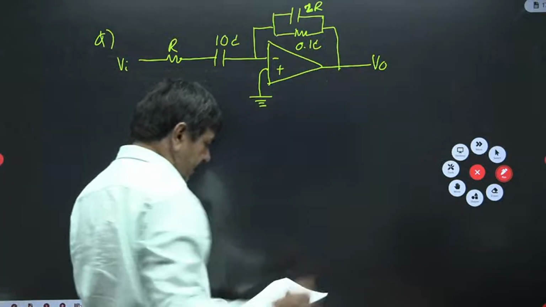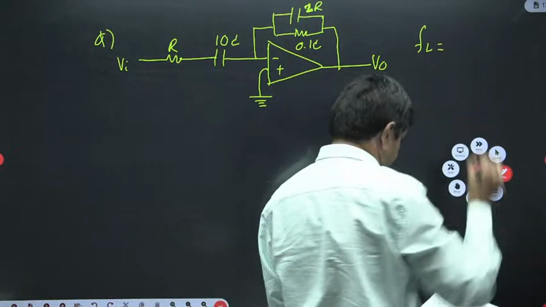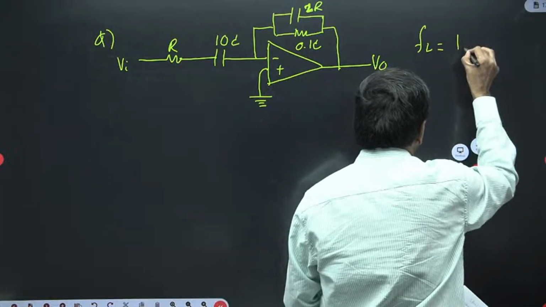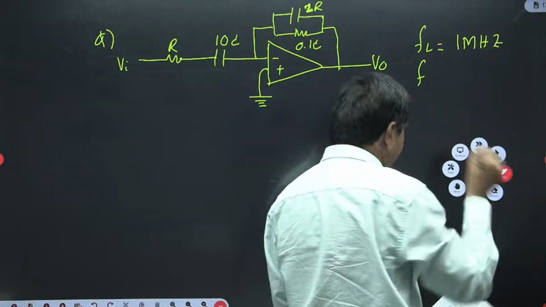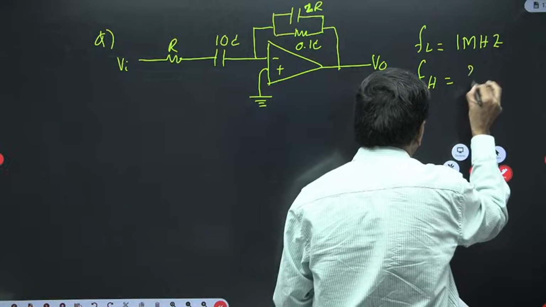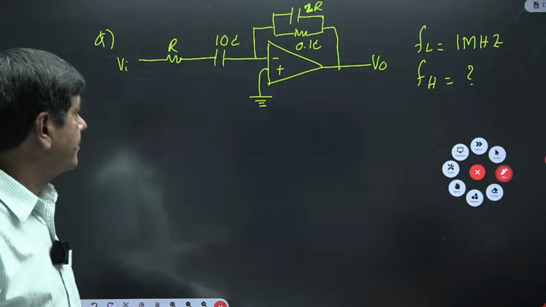Also in the problem, FL is given. The low cutoff frequency is given as 1 megahertz, and it is asking to find the high cutoff frequency. When FL is given, we need to find FH.